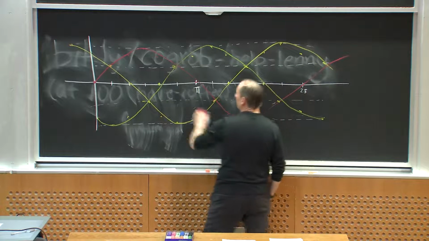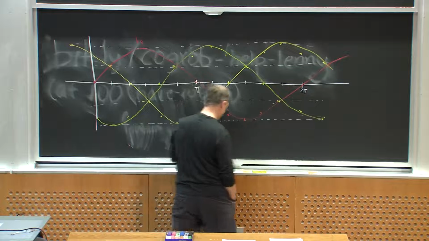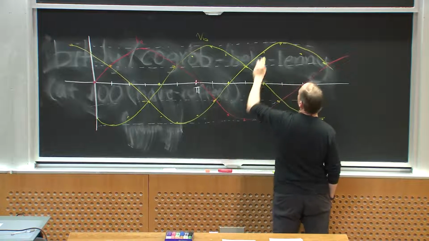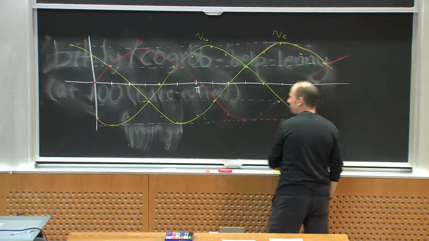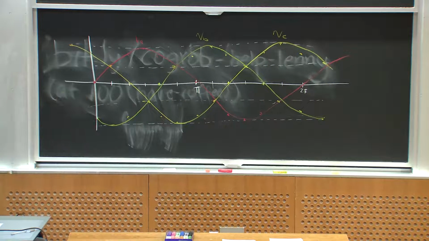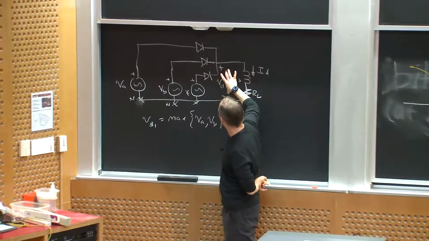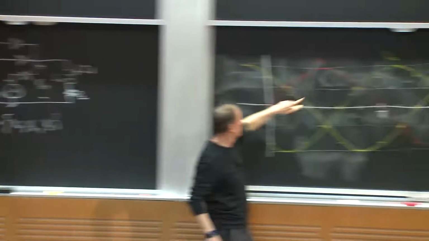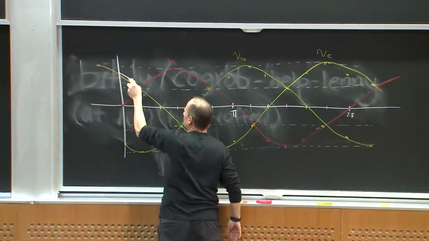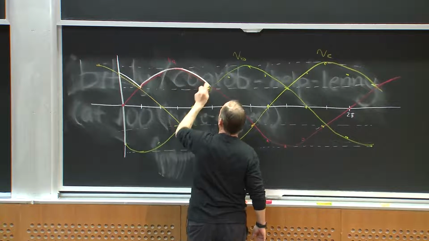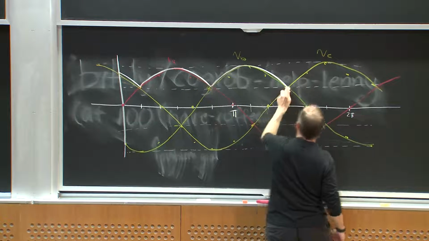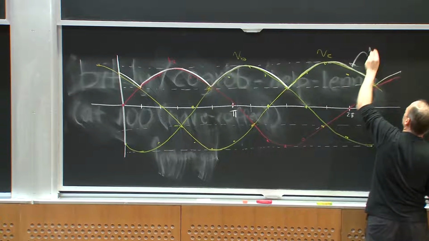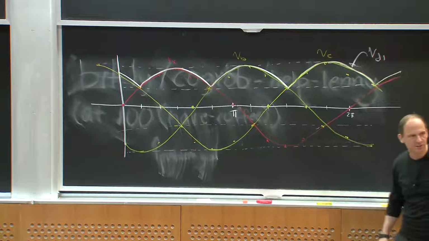So if this is VA, this is VB, and this is VC, all this half-wave rectifier would do would be to pick off a VD1 that's just whichever voltage is the maximum. So VD1 would look like this. And so forth, okay? So this is VD1. Okay, does that make sense to everybody?